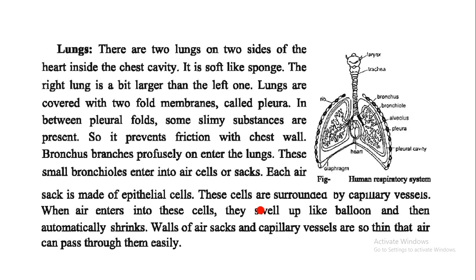When air enters these cells, the cell wall puffs up like a balloon and then automatically shrinks. The walls of the sacs and capillary vessels are so thin that air can pass through them easily.